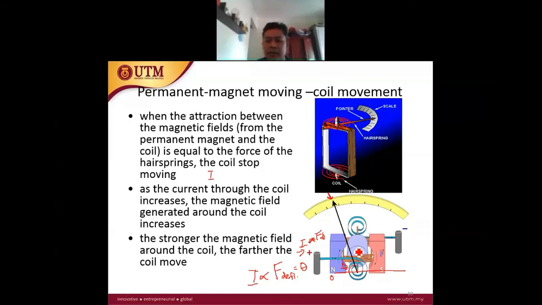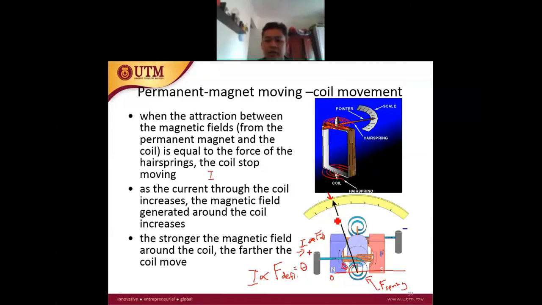Of course, when the spring is compressed, it will create an opposing force. If it is compressed further, the amount of opposing force will be greater. So basically the deflection torque is equivalent to the opposing torque by the spring, F spring. That is when the pointer stays at a position.